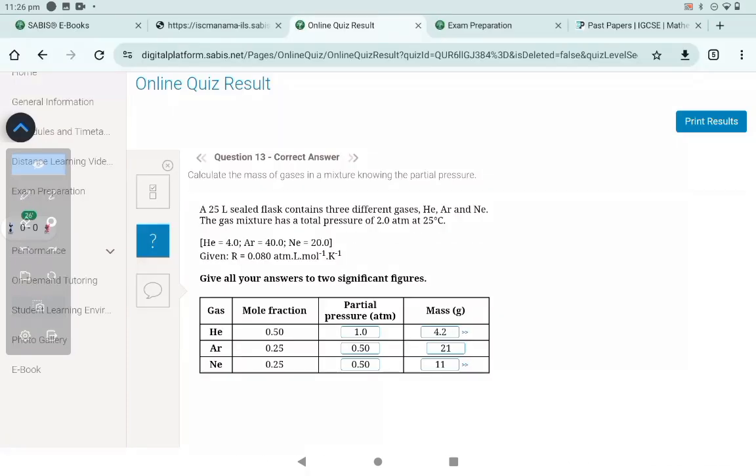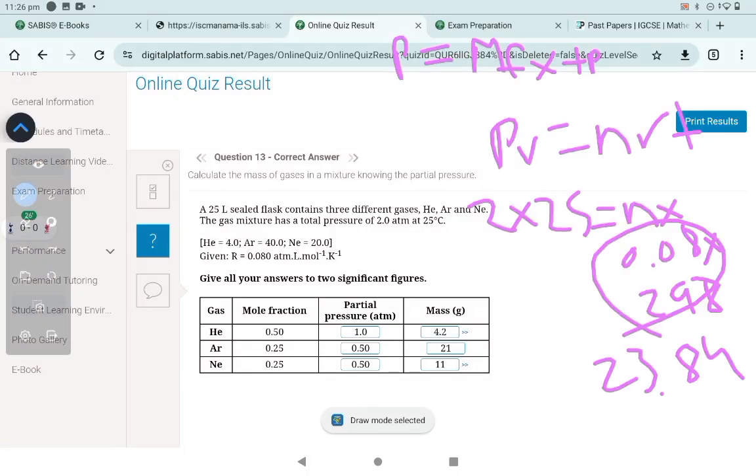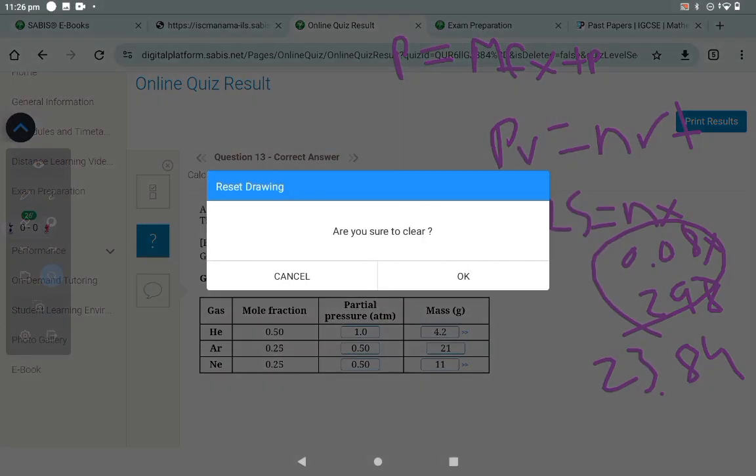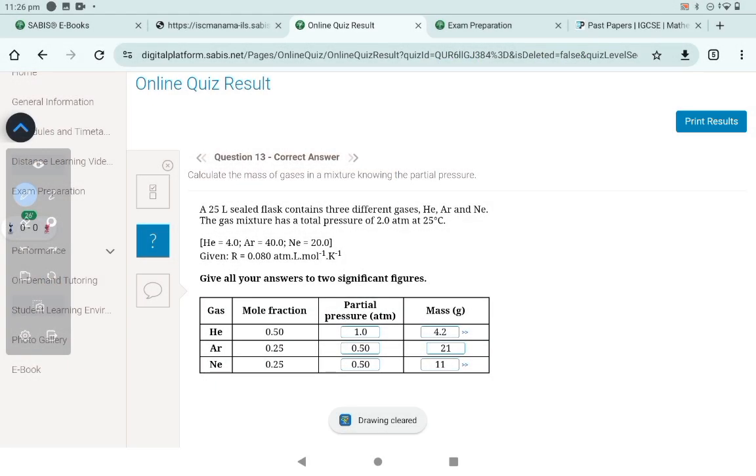Okay, this one, we're going to have to find the partial pressure first. Actually, before using the partial pressure, it's best to find the moles. We can use that to find the mass. So PV is equal to nRT.